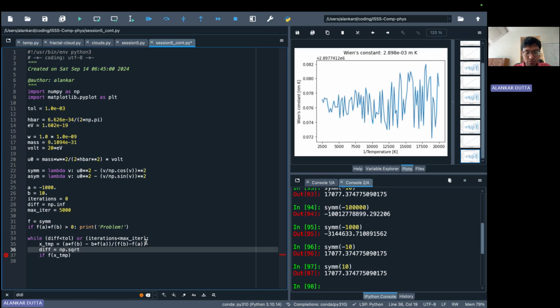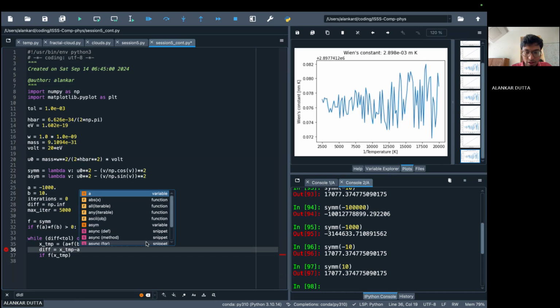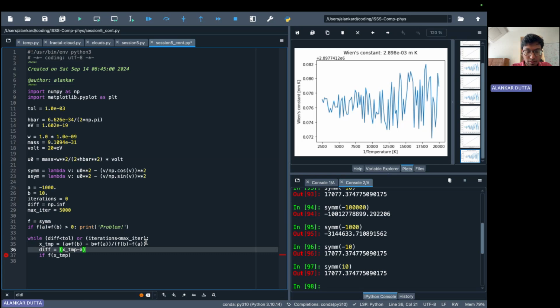So the difference is np.sqrt, square root of the, or we can just add the absolute values from both A and B. So xtmp minus A squared, and we just add in quadrature, so that we want A and B to be as close as possible, right?